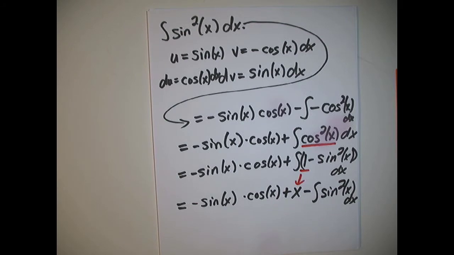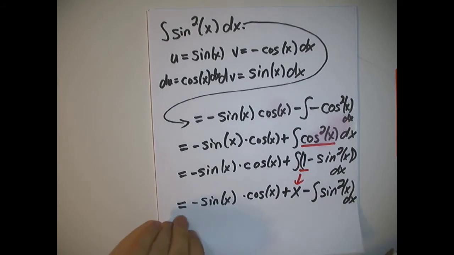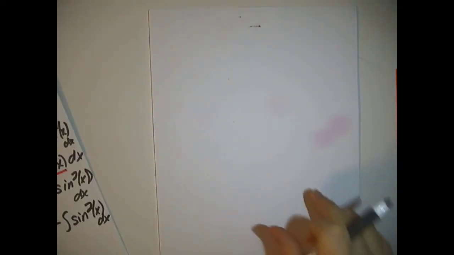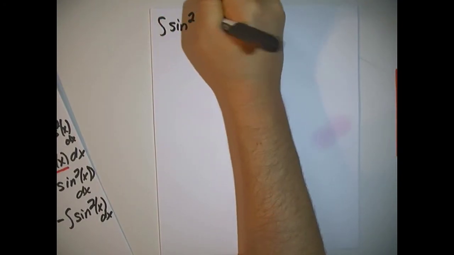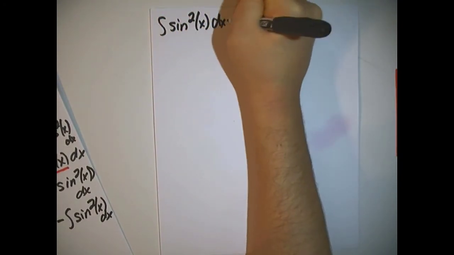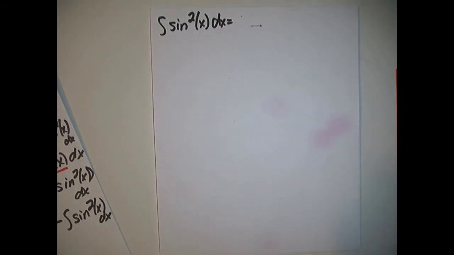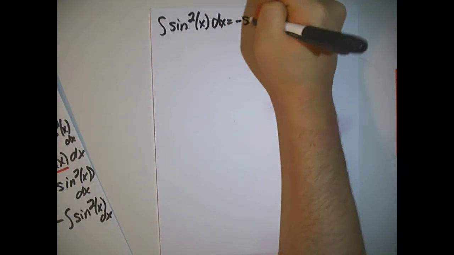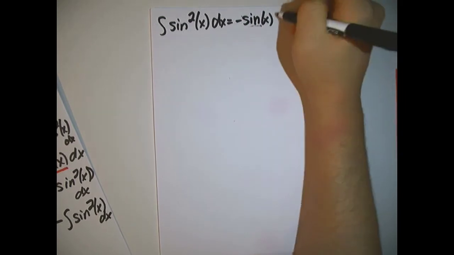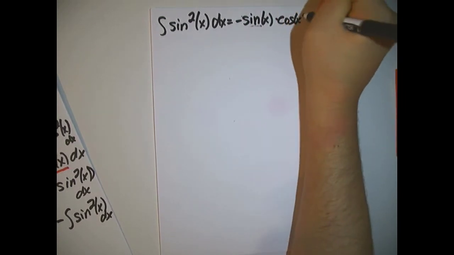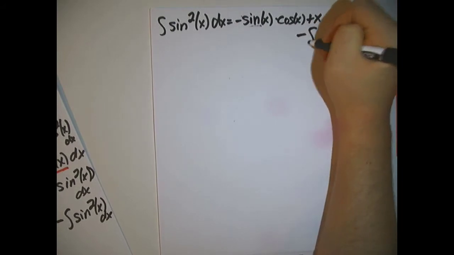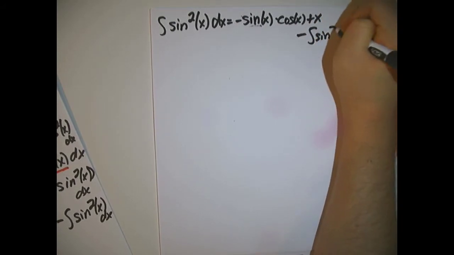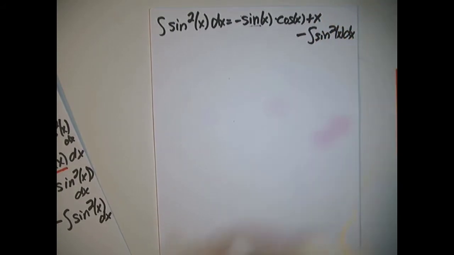So I want to summarize what it is we just showed. Namely, if you take the integral of sine squared of x dx, that's the same thing as minus the sine of x times the cosine of x plus x minus the integral of sine squared of x dx.